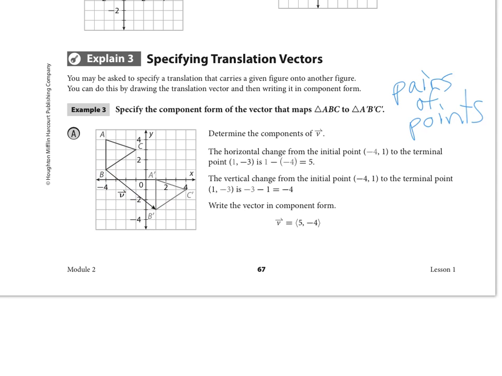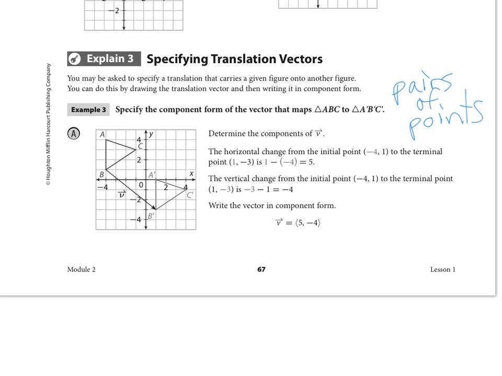And then again, we're just going to count the direction and the number of units that we moved. So we moved 1, 2, 3, 4, 5 to the right, and we moved 1, 2, 3, 4 down. So you can see in vector form at the end, we are taking a positive 5 because we went to the right, and a negative 4 for the y component because we went down.